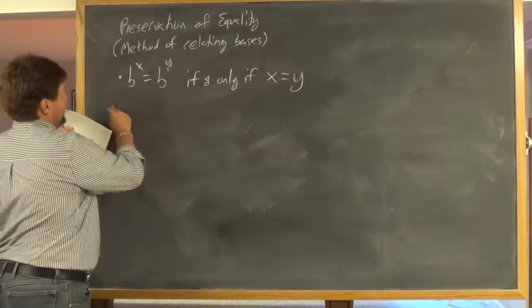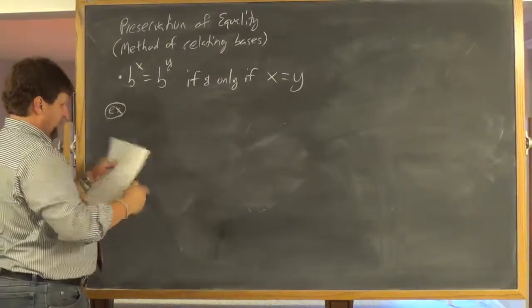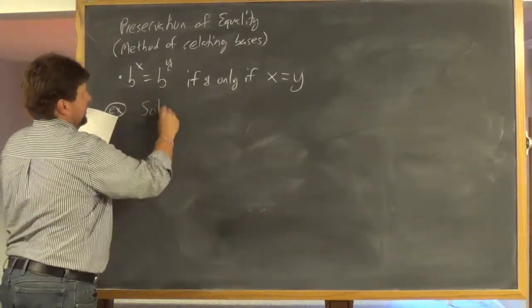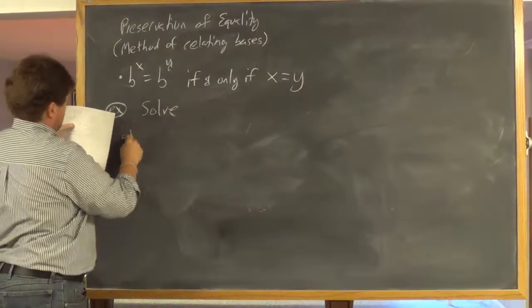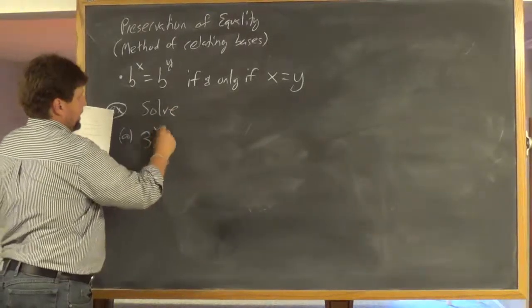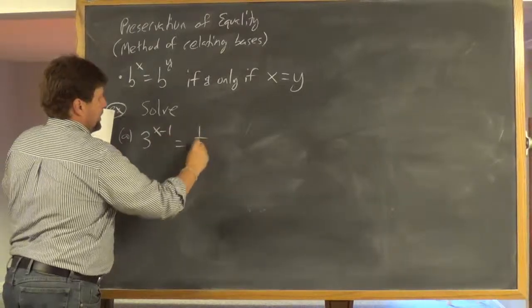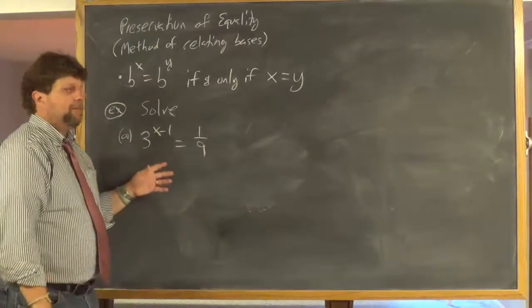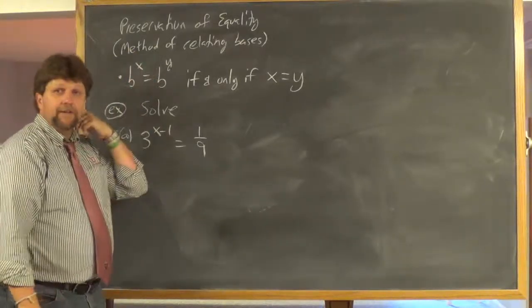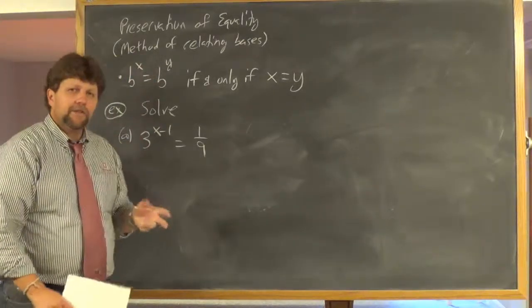Here's how you can use this property. It's for solving equations. So let's say you're asked to solve 3 to the x minus 1 equals 1/9. Somehow, some way, I want to use my preservation of equality in an attempt to solve this.